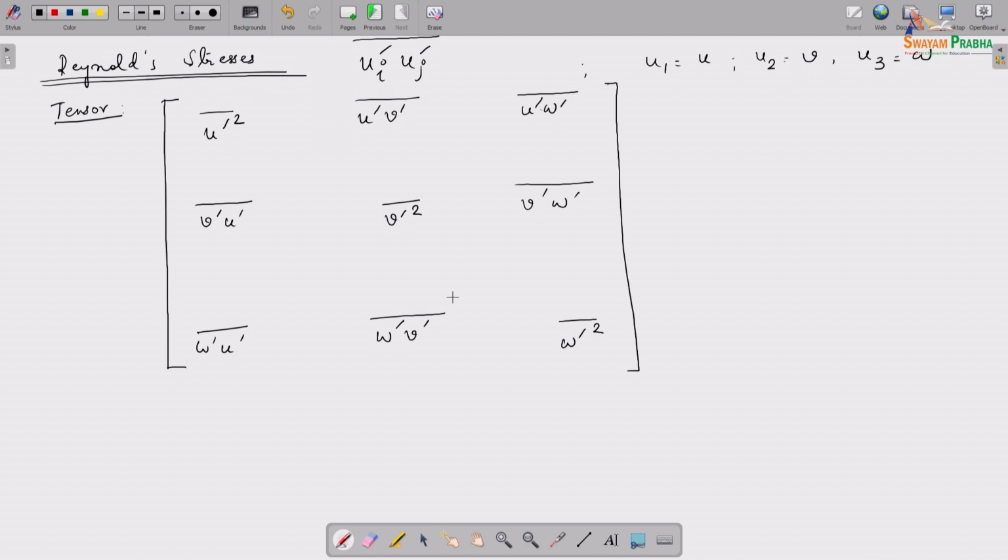So definitely here we will rule out the w. We are going to ignore that, because we are dealing with the fluctuating part.